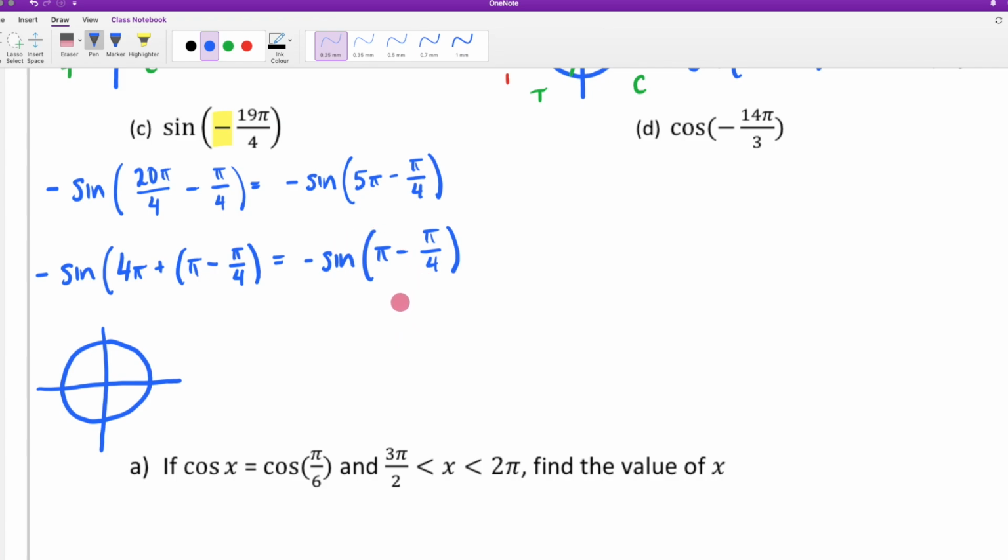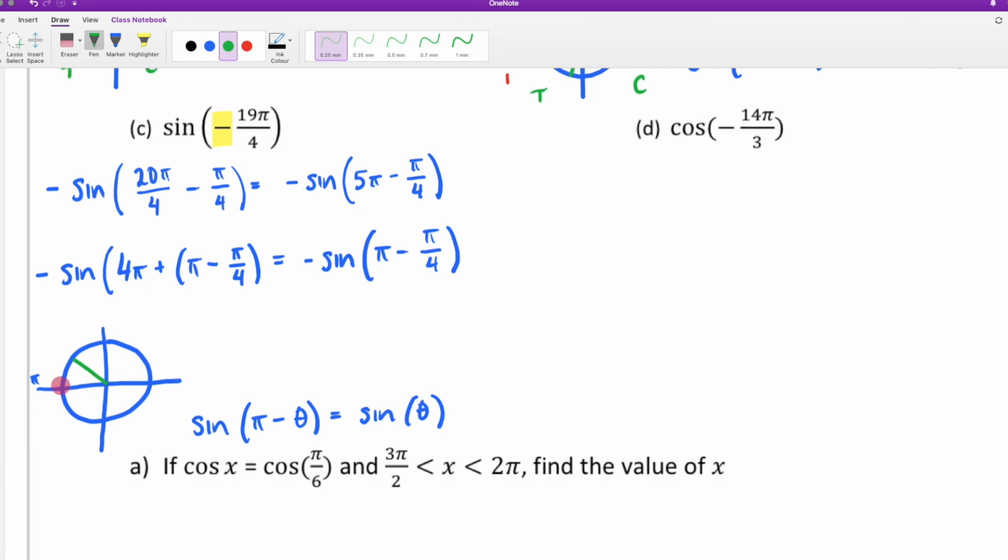Now, again, we need to utilize our symmetry properties. We know that sine of pi minus an angle is going to be equal to sine of that angle. Now, how do we know that? Because pi minus theta, so pi is here, and if I was to go back an angle, so pi on 4, for instance, is going to take me back here.